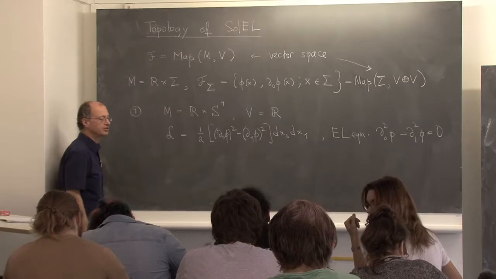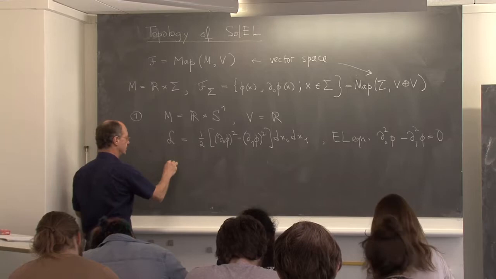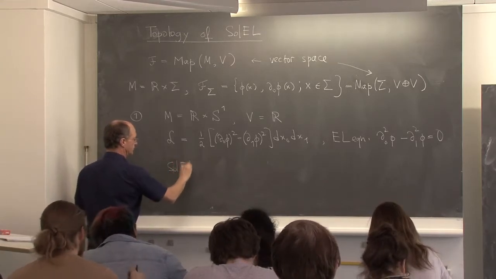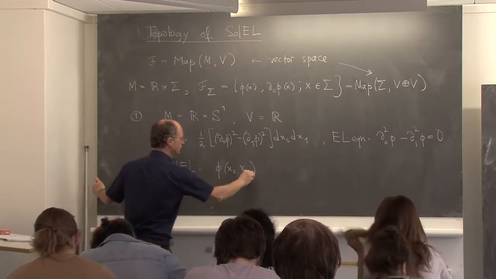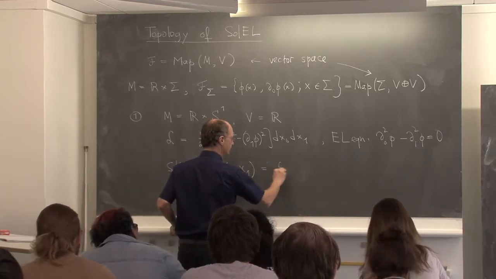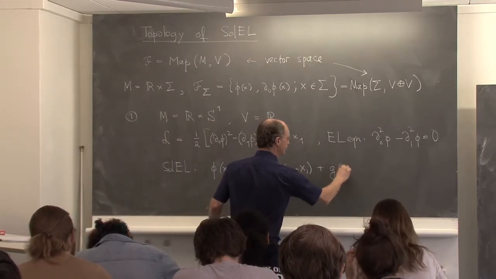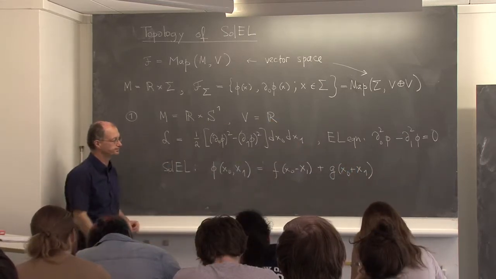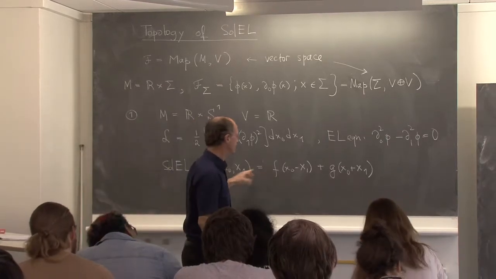Now let me recall that we already once discussed solutions of the wave equation in dimension 1. Solving EL looks like this: phi of x naught, x1 is a function f of x naught minus x1 plus a function g of x naught plus x1. So let's perhaps discuss it in a little bit more detail.